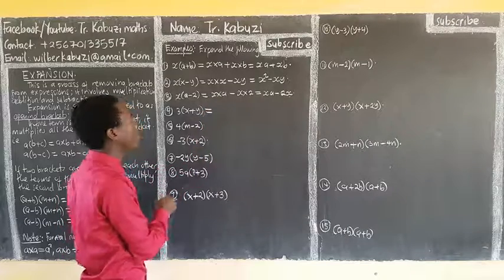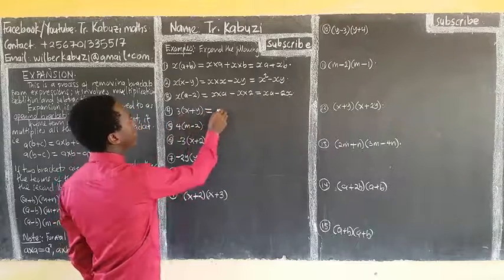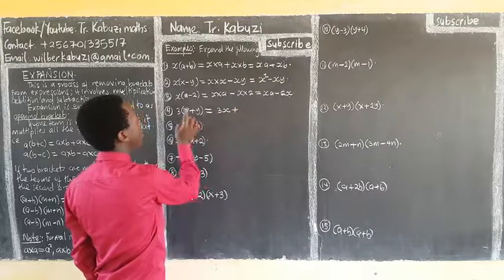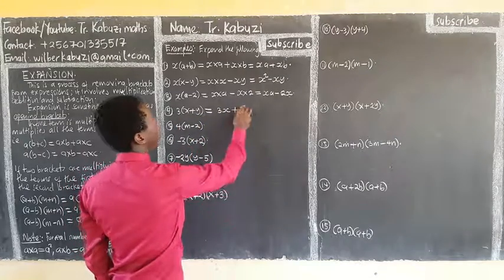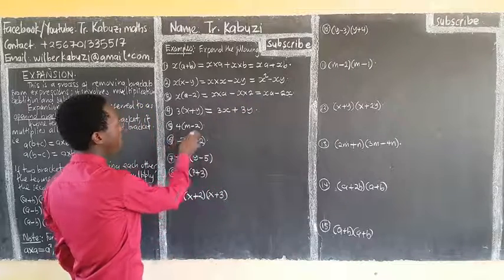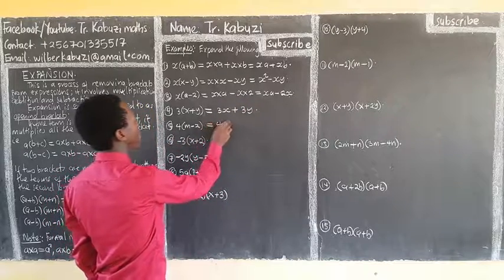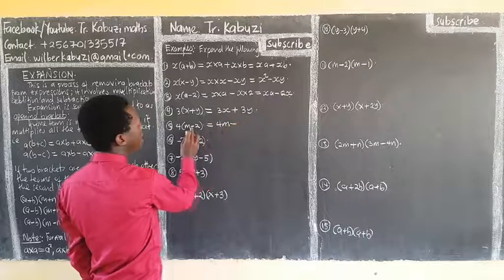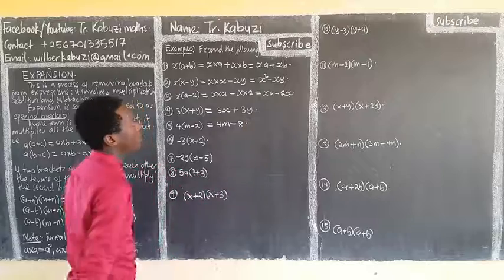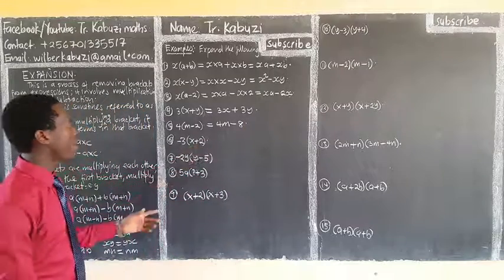Let us see how you can do it. 3 times x, we get 3x. The sign between is plus. 3 times y, you get 3y. As simple as that. Then 4 times m, you get 4m. Then you see the sign is minus. 4 times 2, we get 8. So after you master this, the rest are very easy.